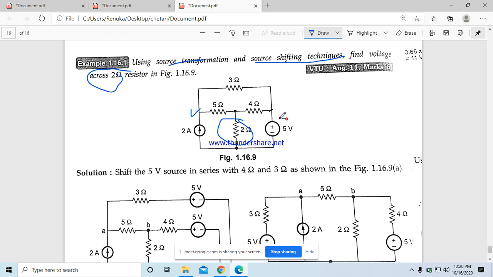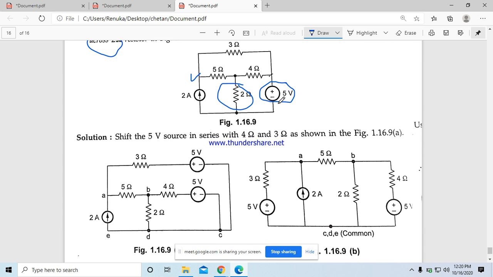First I do source shifting, which is that 5 volt voltage source. This voltage source is common to the 3 ohm as well as the 4 ohm. So instead of writing like this, I can write it like this also.